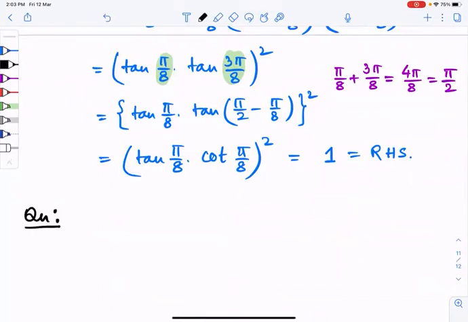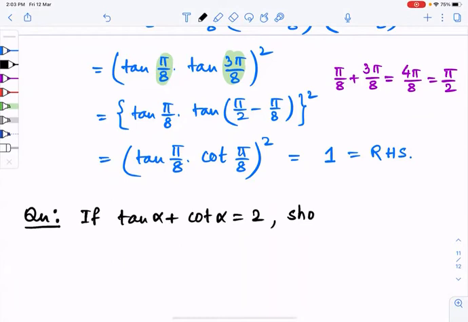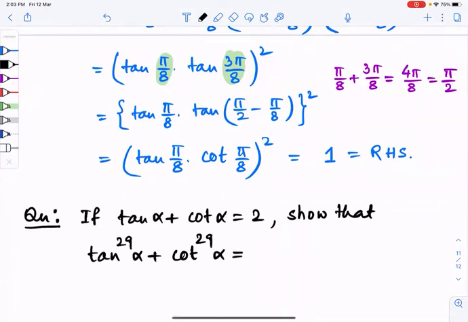Question. Let us take this question. If tan alpha plus cot alpha equal to 2, then show that tan to the power 29 alpha plus cot to the power 29 alpha is also 2.